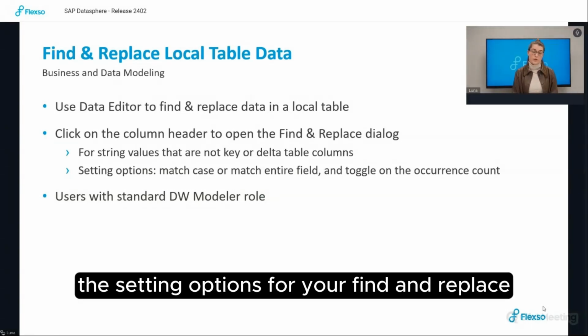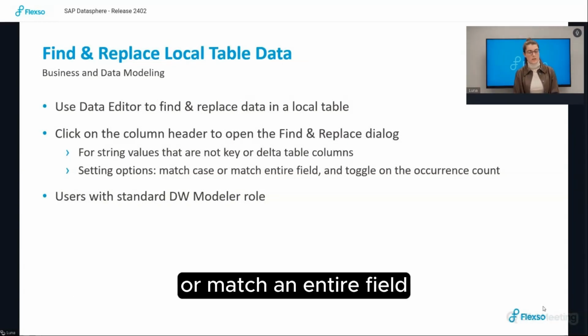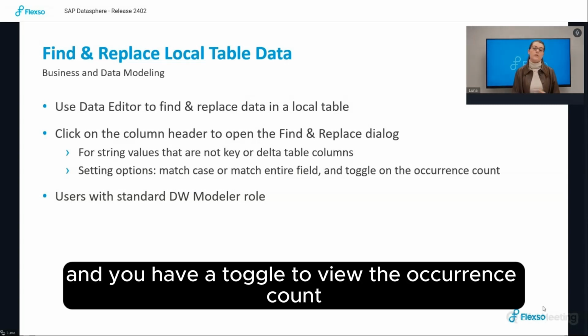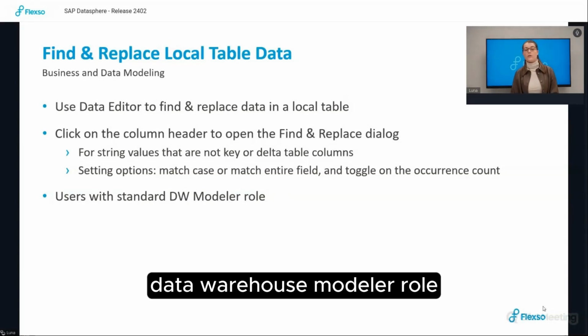The setting options for your find and replace dialog is that you can match a case or match an entire field, and you have a toggle to view the occurrence count. And this is available for users with a standard data warehouse modeler role.